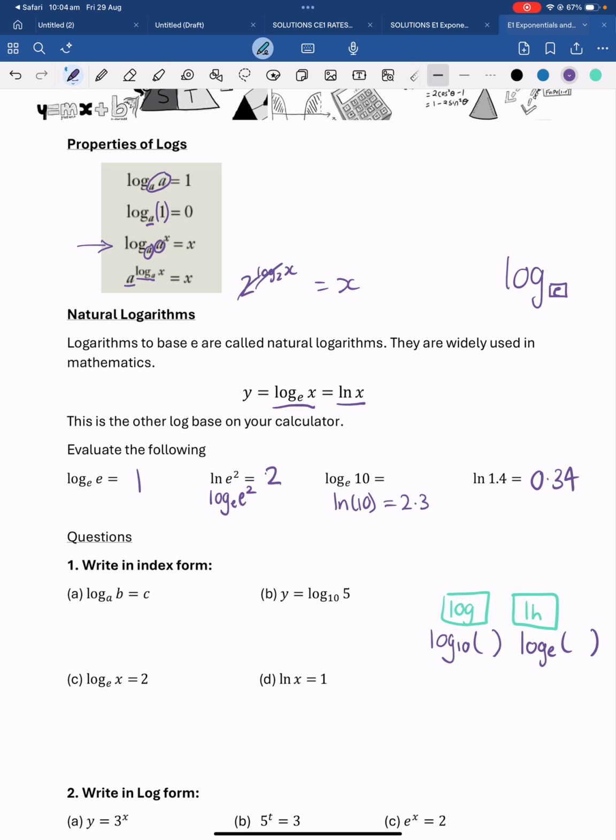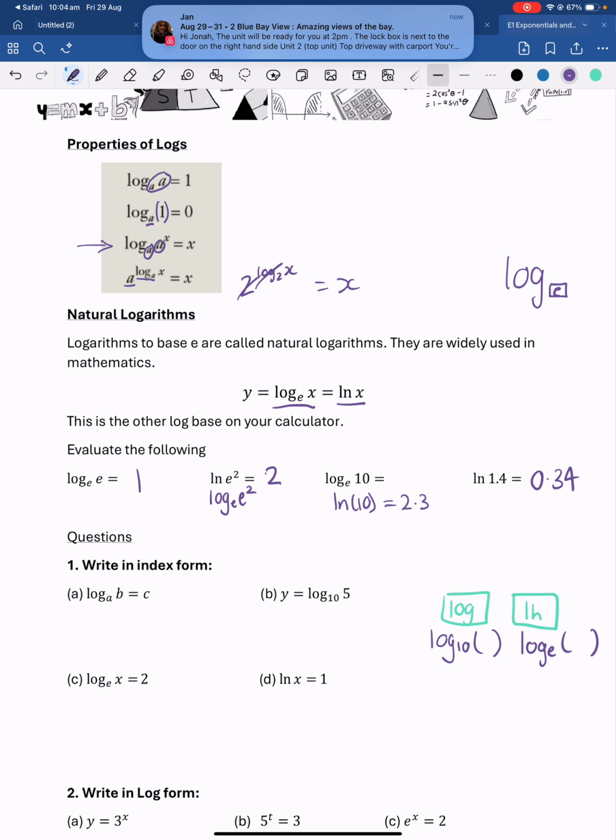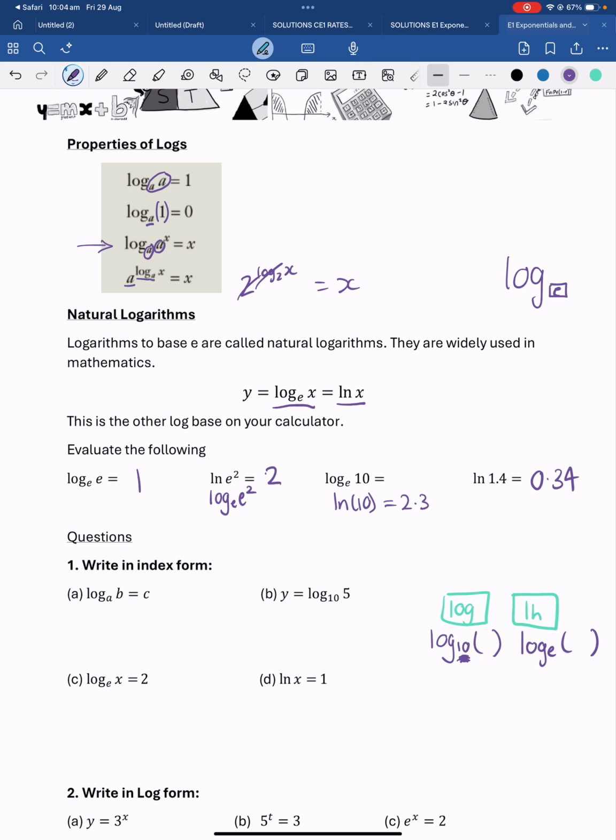So if there's a question and it's log base 10 and then something, then we just press the log button. It's important that you know that that's only for base 10. If the base was another number and it asks us to evaluate it, we're going to have to do something else, which I'll show you soon, because they're the only 2 buttons we have on our calculator.